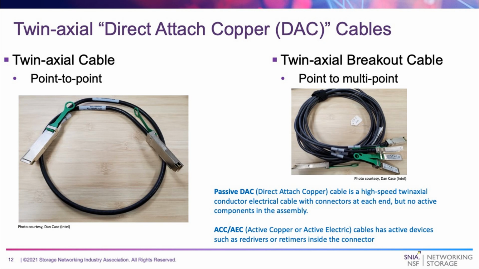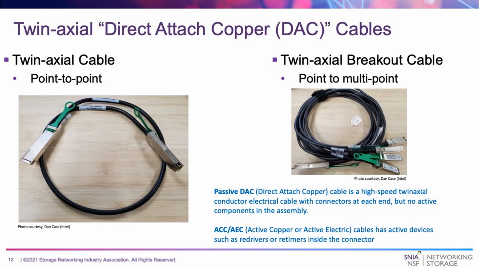And when we talk about direct attach copper cables, we realize that there's 2 classes. There's the passive direct attach copper cable, which is a simple construction, with a high-speed twin axial conductor between the two connector ends, but there's no active components inside the assembly. There's no active drivers or retimers.